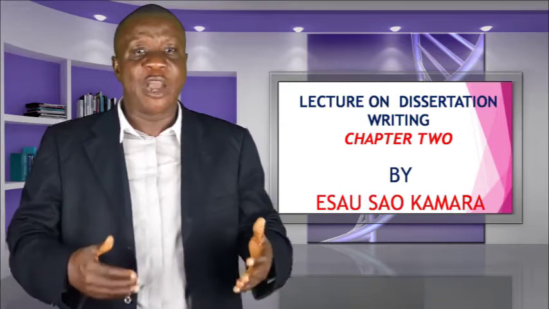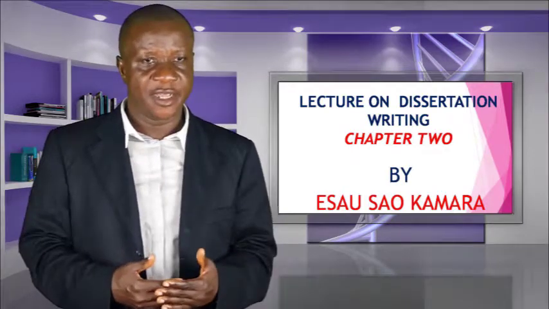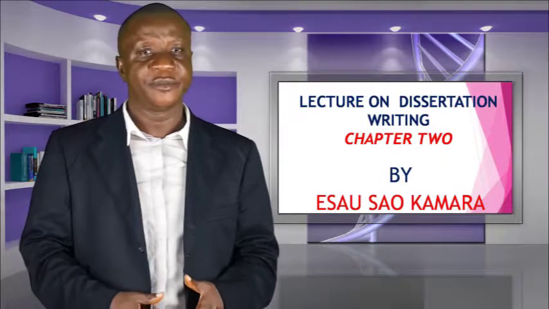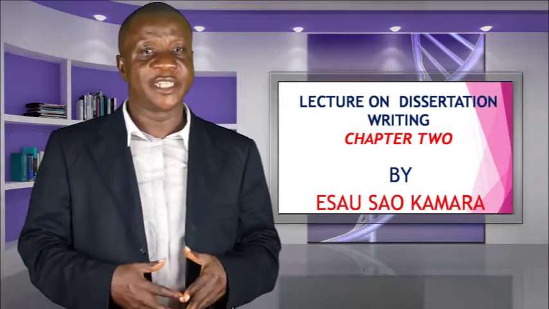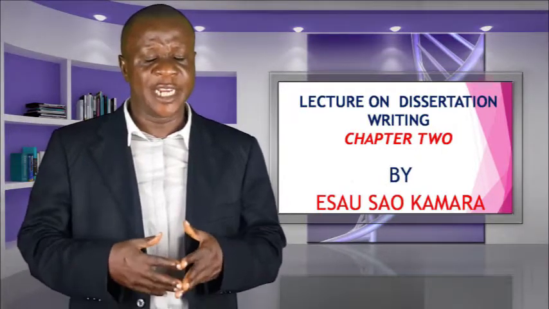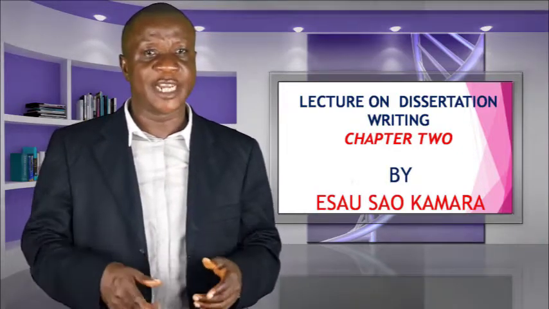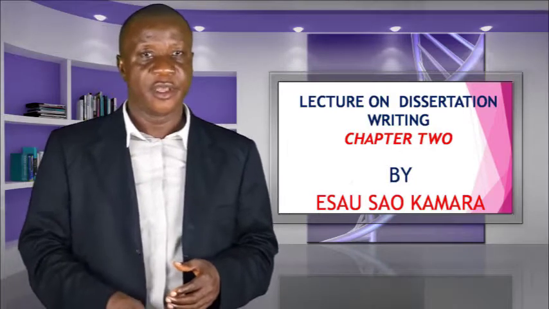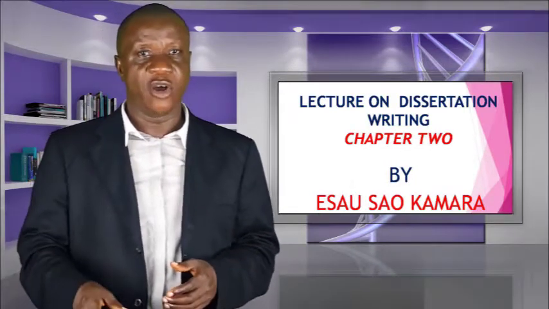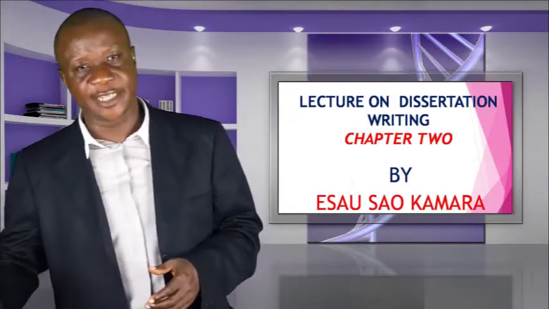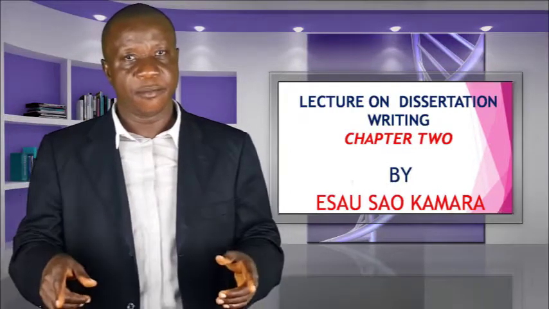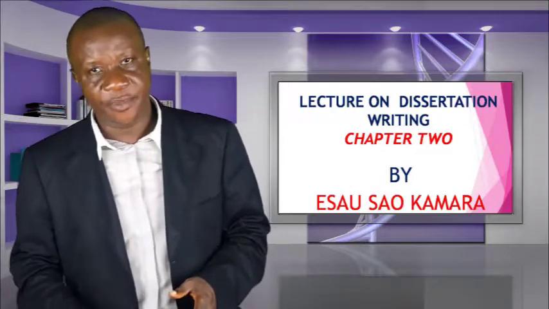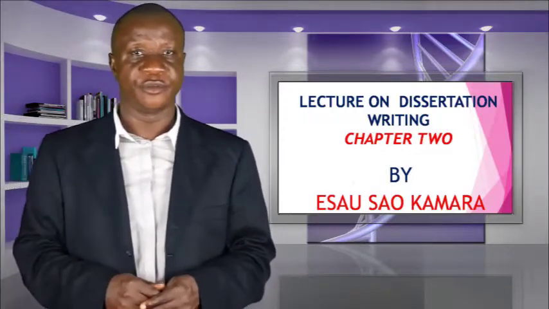For example, I will start by saying, Anderson in 2017, or Anderson in bracket 2016, stated in his book, "The Efficacy of Law on the Society," or said, and you bring the quotation.